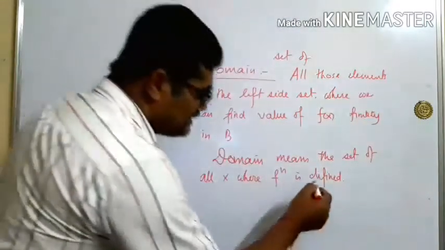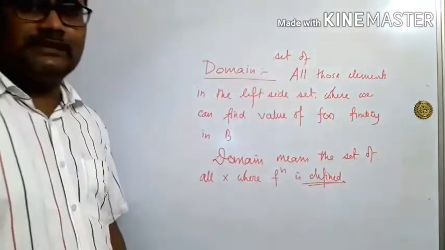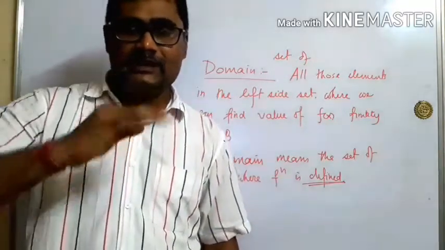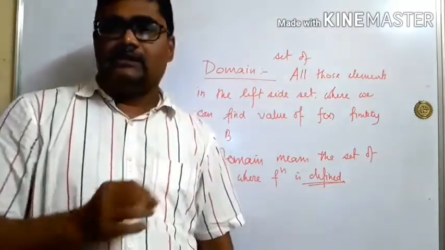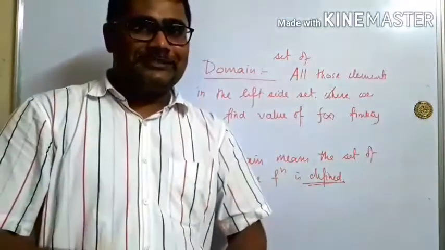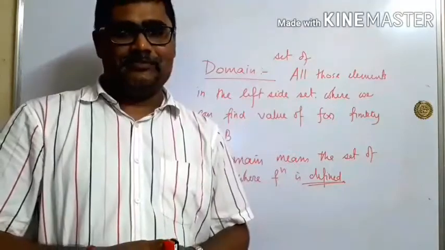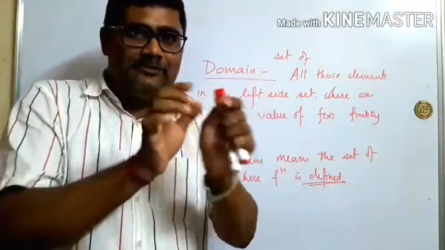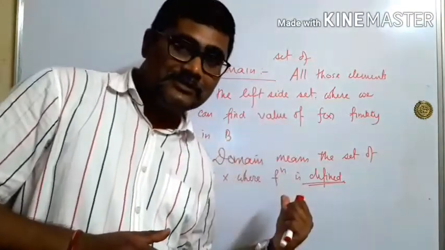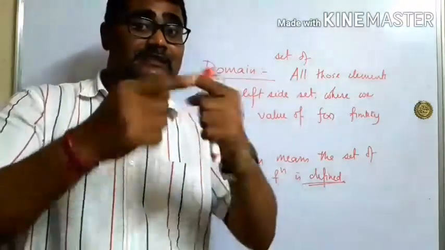The word I have written here, defined, means that. If at the beginning I am not told that this is a domain, I am only told to find the domain, means where the function will be valid, then I have to say that this function is defined at this point.